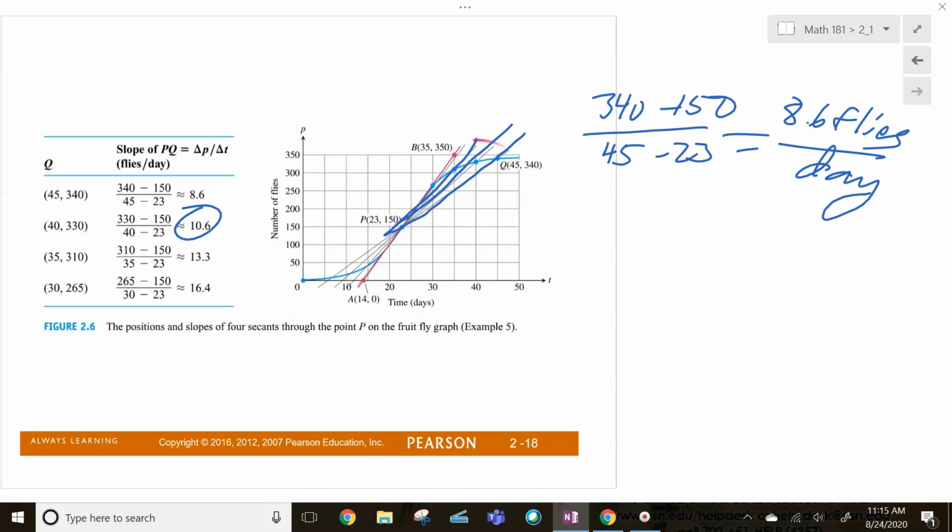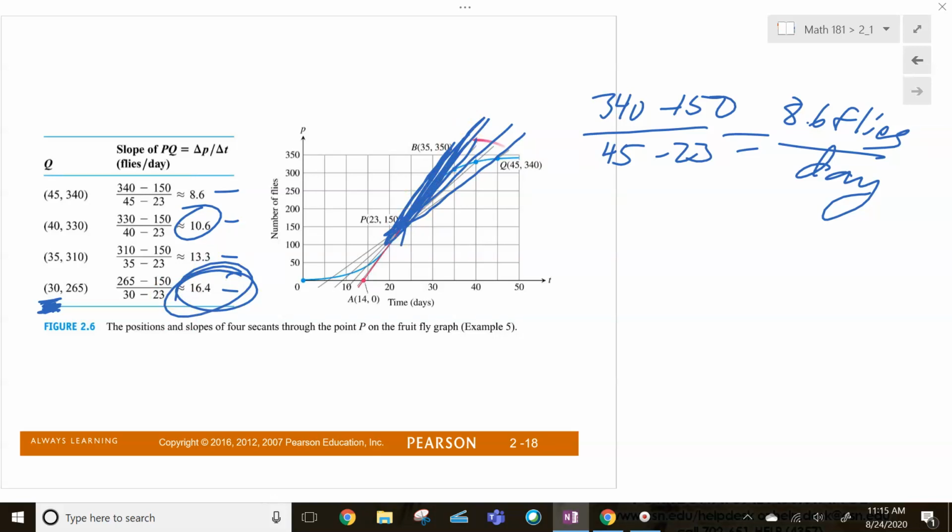So as I get closer and closer and closer, now that's only 7 days away, from the 23rd day to the 30th day. It looks like 16.4. So that's a pretty good approximation of the red line. So I'm like, 16.4 using my pre-calculus, which is all the information I have.